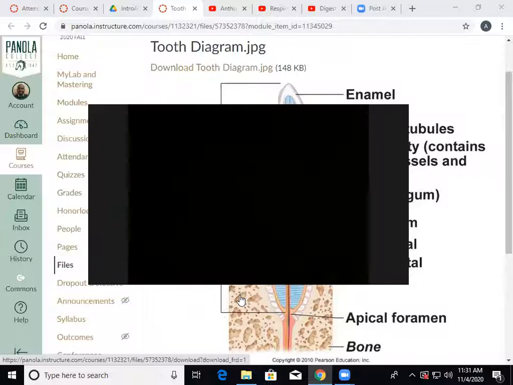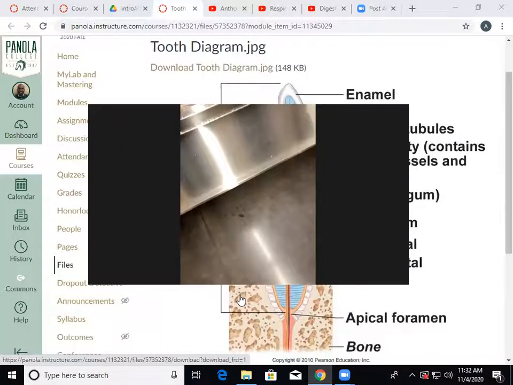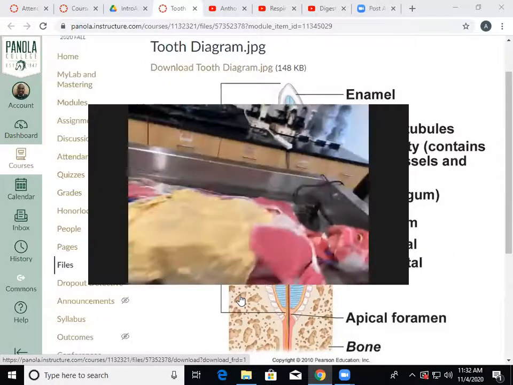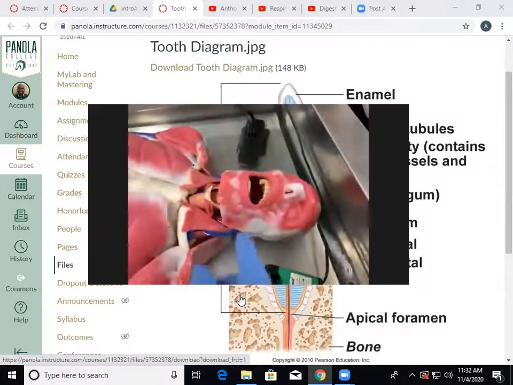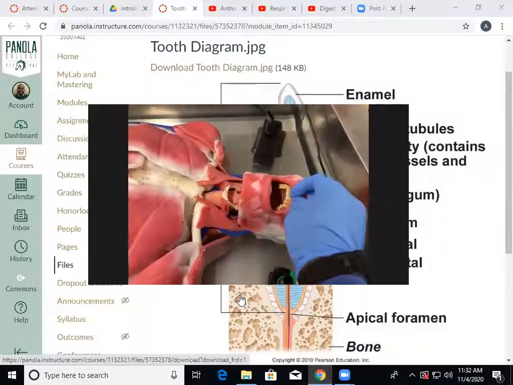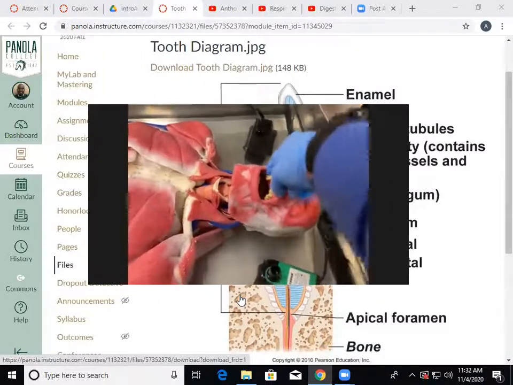So we'll cover respiratory and digestive systems. Again, we've got the oral cavity and our teeth: our incisors, our cuspids, bicuspids, and our molars.